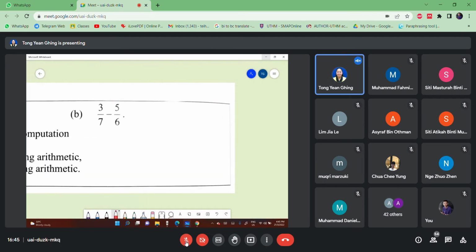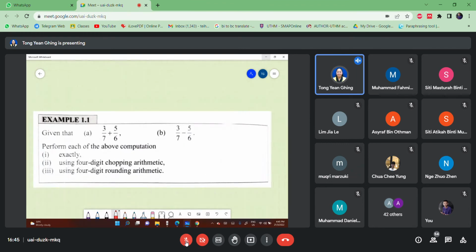Okay, this one is actually an example in the book. I just took it from the book. If anyone has the book, or ask your seniors or friends. This is example 1.1, on page 4 of the Numerical Methods book that I shared.